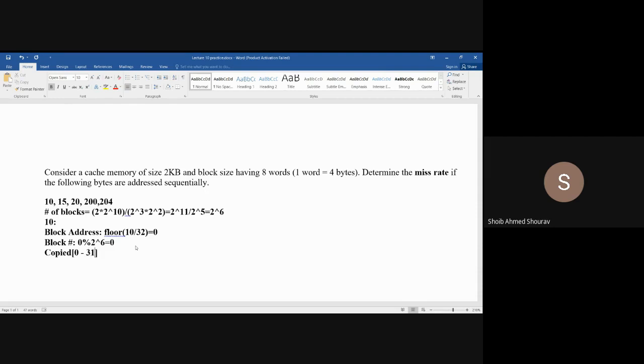Copied 0 to 31. Now for the copied 0 to 31, 15 and 20 will be hit, right? Just write hit, that would be okay.